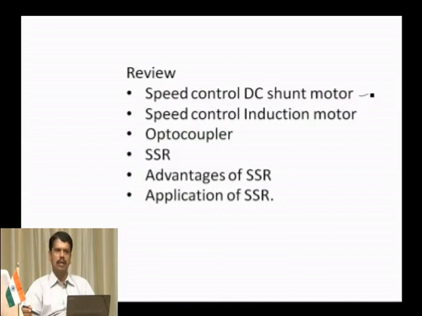By varying the firing angle, which varies the output voltage of the rectifier and hence the voltage applied to the DC motor, so the speed varies. In the feedback system, we measure the speed and check whether it equals the desired value. If there is any difference, we increase or decrease the voltage to get the desired value. That is the closed loop speed control of a DC shunt motor.